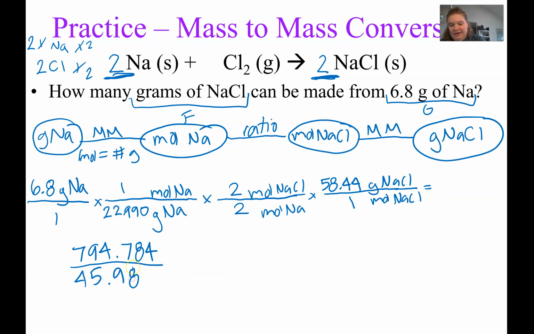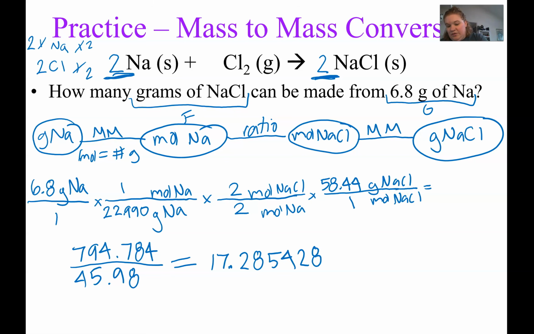Now this number doesn't really have units. That makes sense because we haven't canceled our units out yet. So then I can do my division, and I get 17.285428. All right, we have a couple things: significant figures, units.